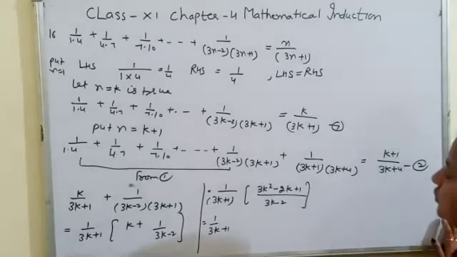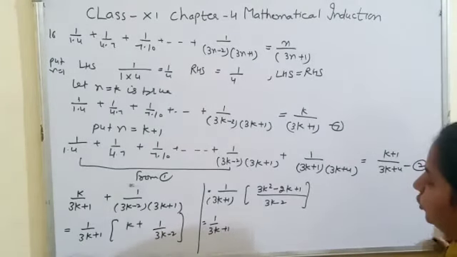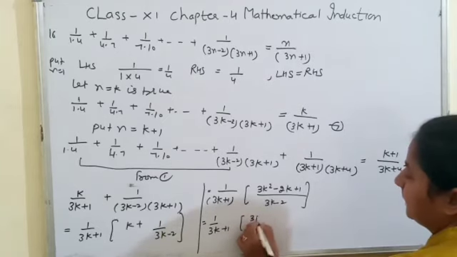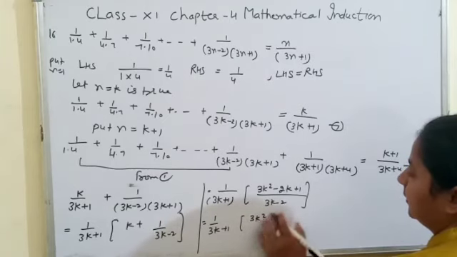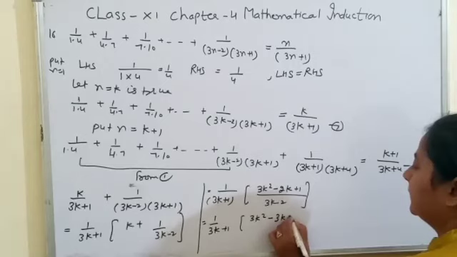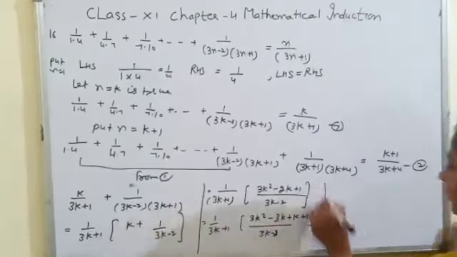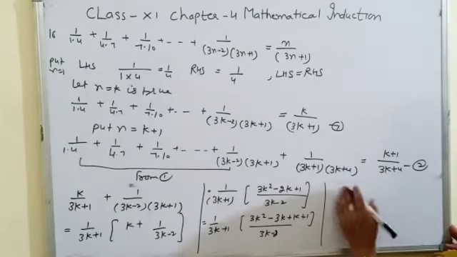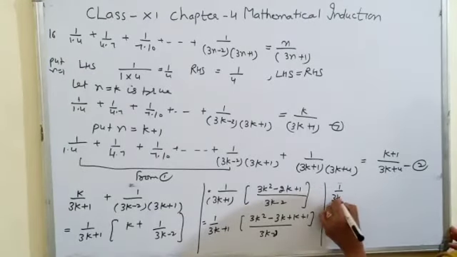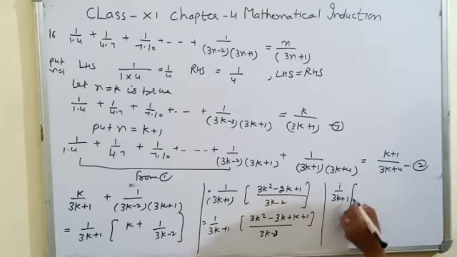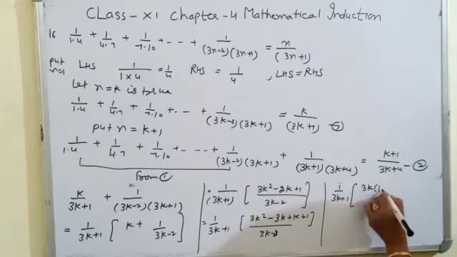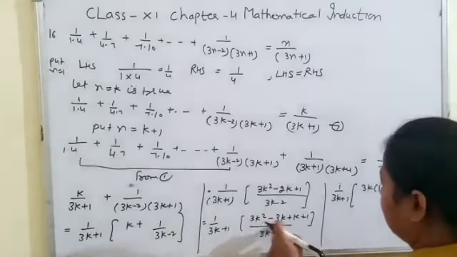The requirement is product 3 and sum 2, so we can make it factors: 3k square minus 3k plus k plus 1, giving (3k plus 1)(k minus 1).